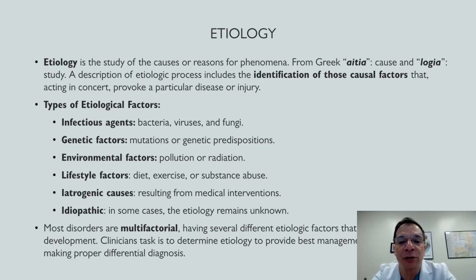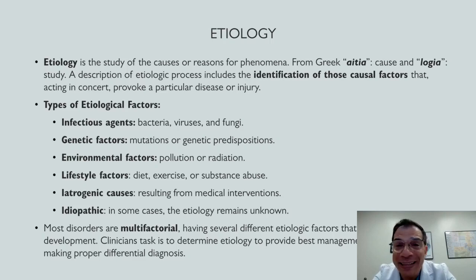Etiology is the process of trying to identify the causal factors of a disease. These causal factors, or causative factors, or etiological agents, may be infectious, genetic, environmental, or lifestyle. Sometimes the causes are unknown, so we call them idiopathic. And there are conditions that are produced by medical treatment, and we call them iatrogenic.